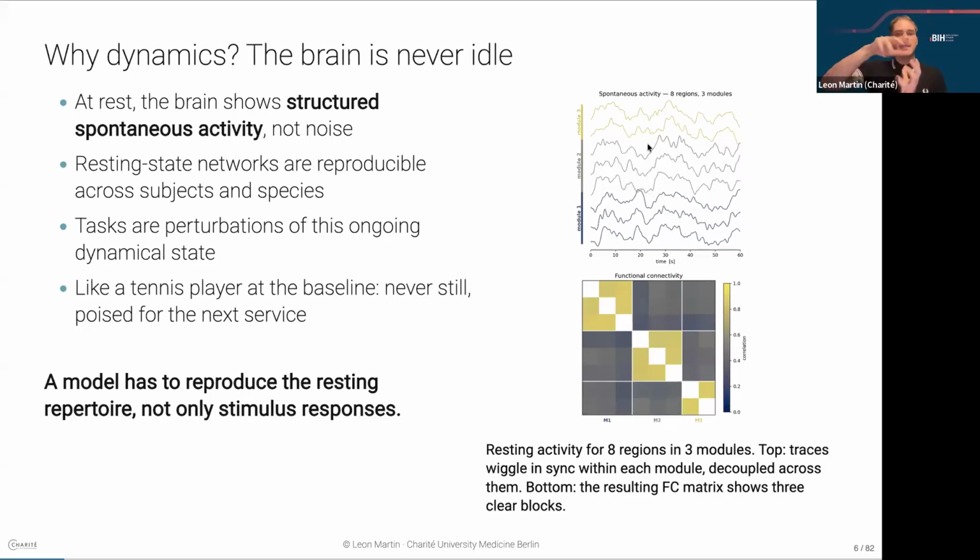There we can cluster the different modules or networks, which are more correlated with each other than with others. In this mock example we see 3 clusters of highly correlated areas. This can then be seen in this functional connectivity matrix, region by region, with the Pearson correlation of the time series.